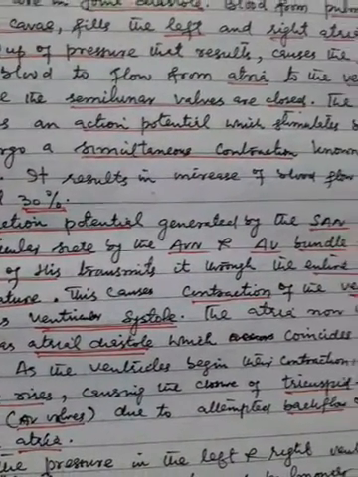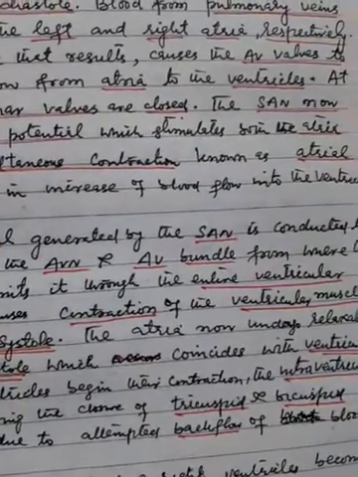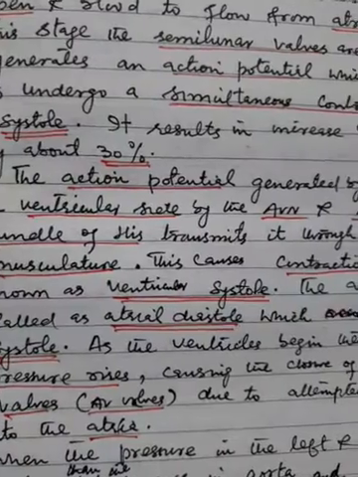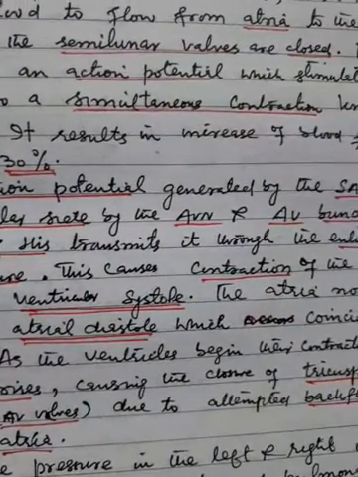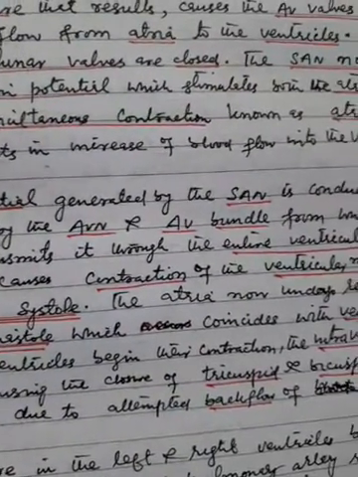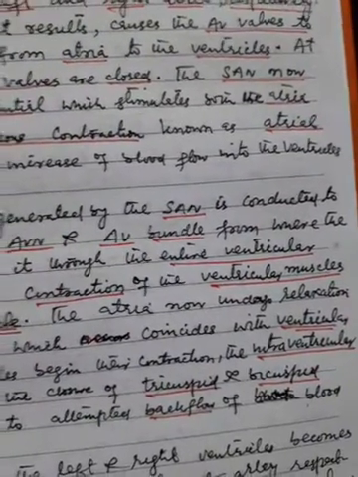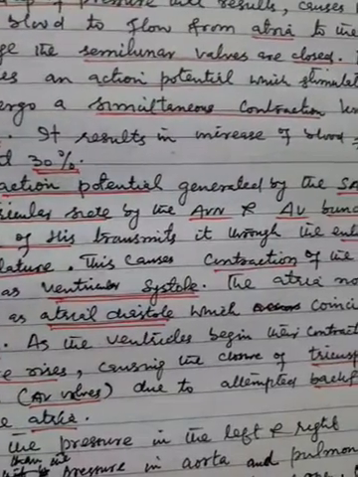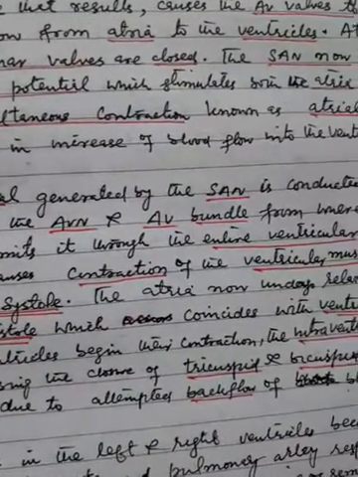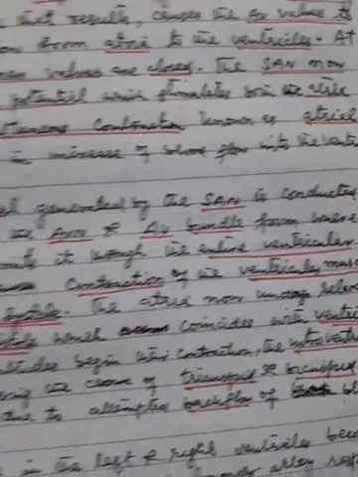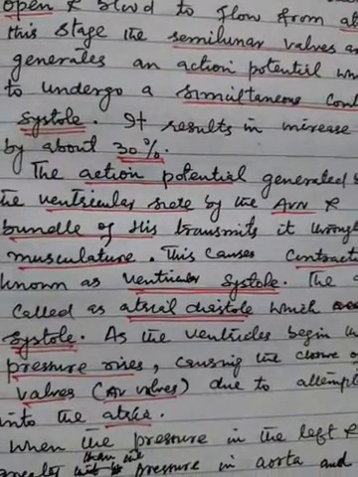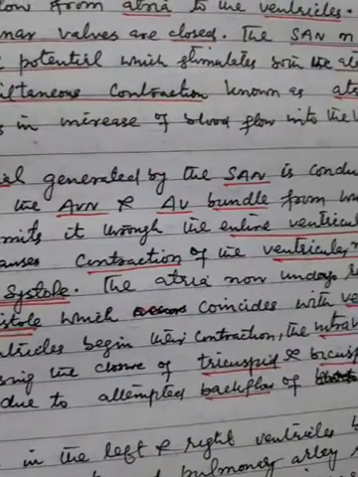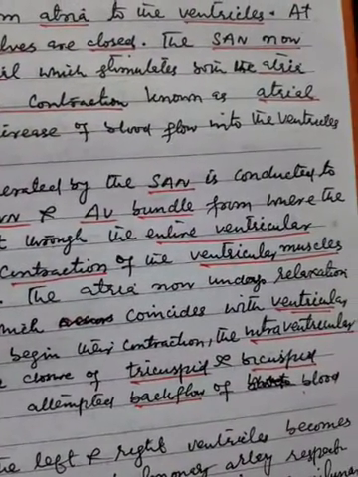This causes contraction of the ventricular muscles known as ventricular systole. The atria now undergo a relaxation called atrial diastole, which coincides with ventricular systole.